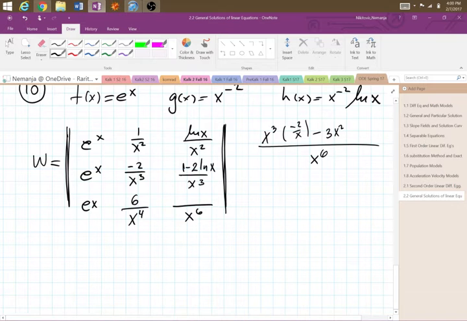And then we have the derivative going. So copy this one, the derivative of this one, copy this one, and then derivative 3.